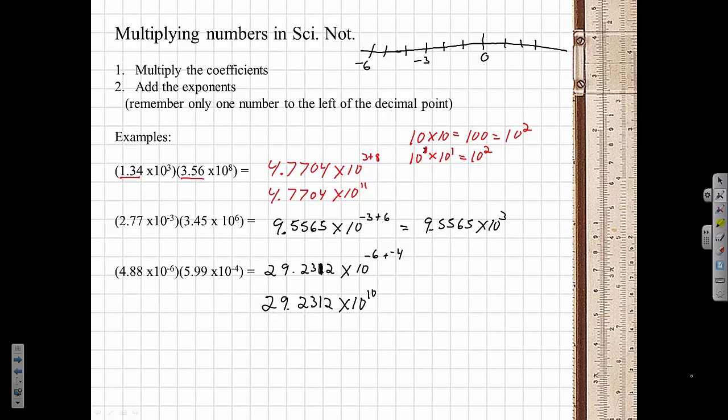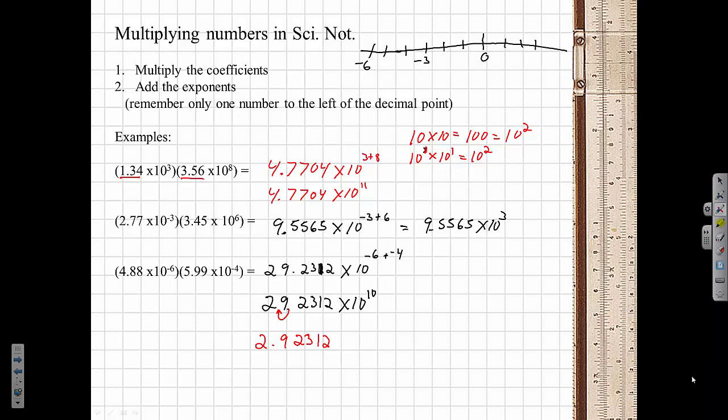Okay. Now there's an issue with this number because it is not in proper scientific notation. Had you been using your calculator, and we'll show you how to use your calculator to do this math later, your calculator would have automatically put it in proper scientific notation. But if you do it this way, you're going to have to move this decimal place over like this. So we went from 29 to 2.92312. Now we can't simply change 29 to 2.9 and expect that that's okay.